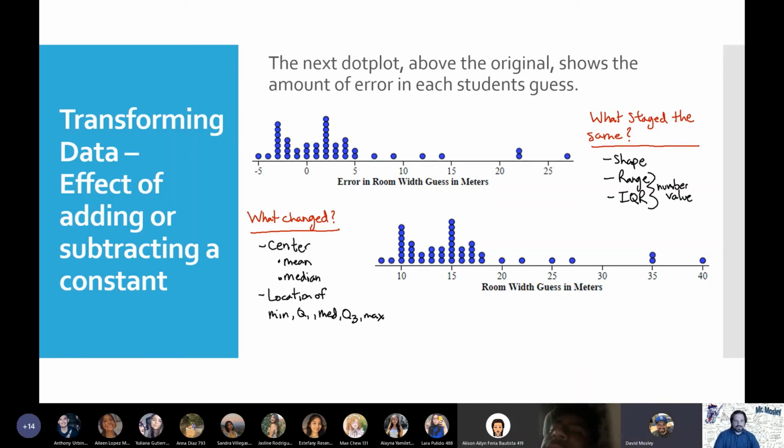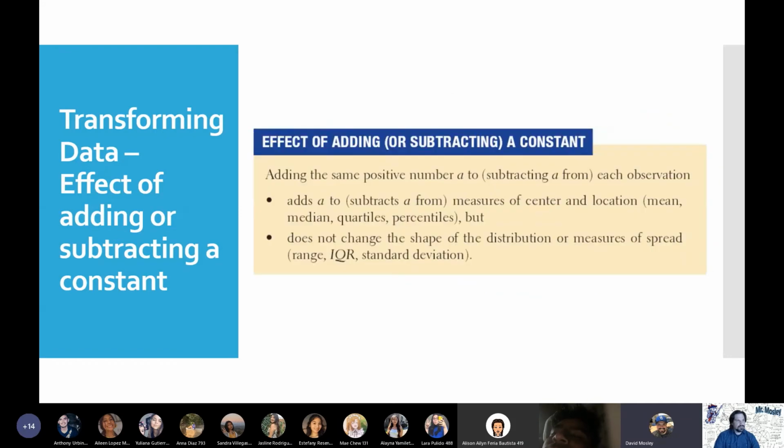Okay. And to sum that up, we have this little thing here, effect of adding or subtracting a constant: adding the same positive number A or subtracting A from each observation adds that value to the measures of center and location, mean, median, quartiles, percentiles, but does not change the shape of the distribution or measures of spread, range, IQR, and standard deviation.